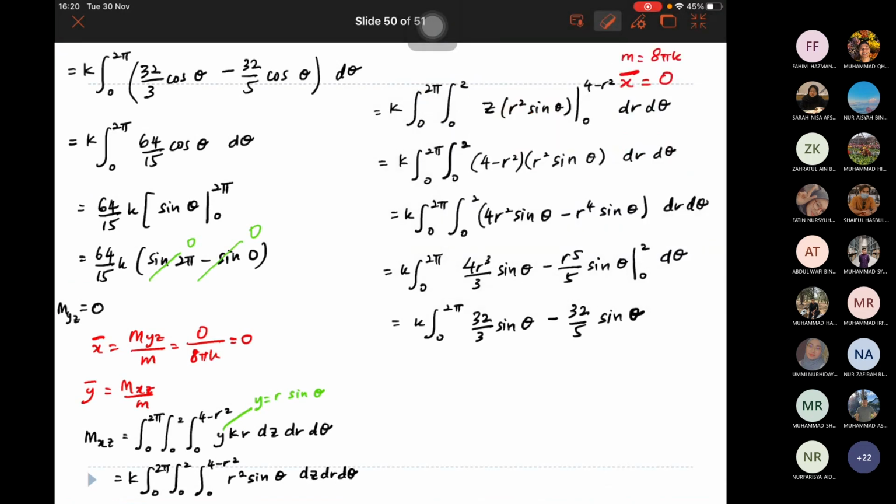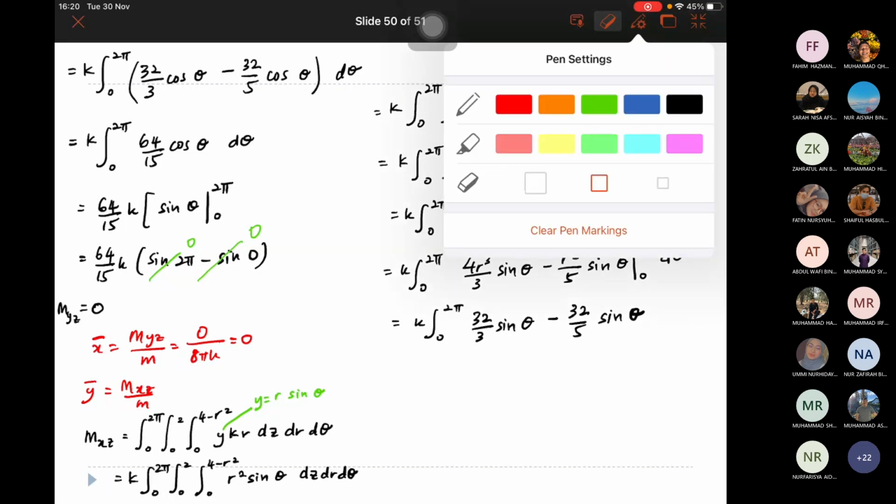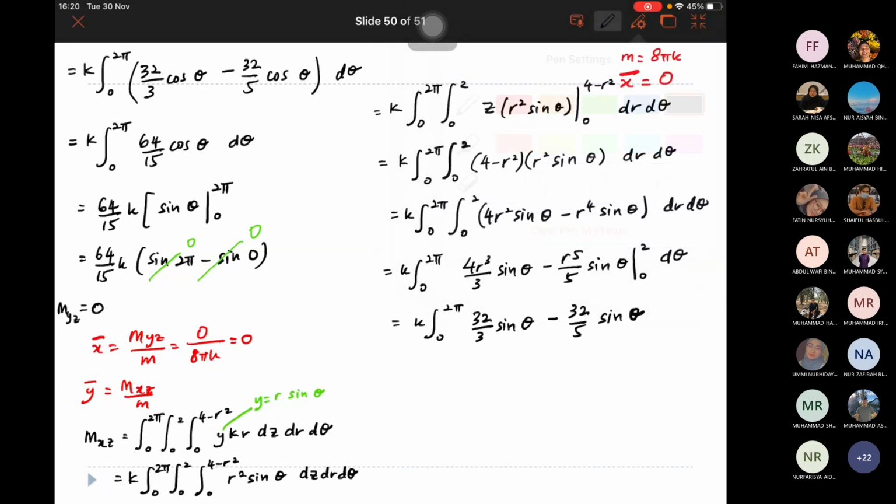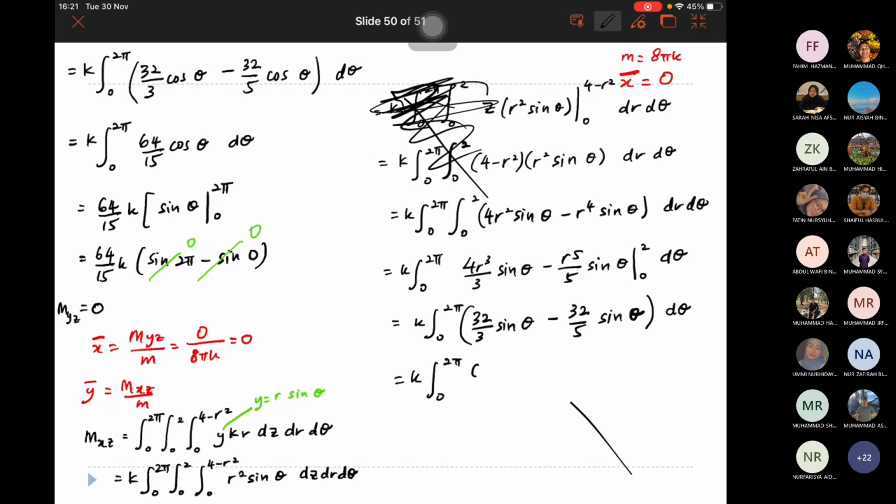Okay. Okay. So, 32 per 5 d theta. So, 32 per 3 tolak 32 per 5. Okay. So, akan dapat 64 per 15. Sama dengan K 0 sampai 2 pi, 64 per 15 sin theta d theta.